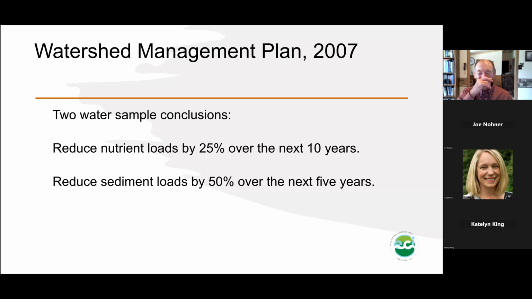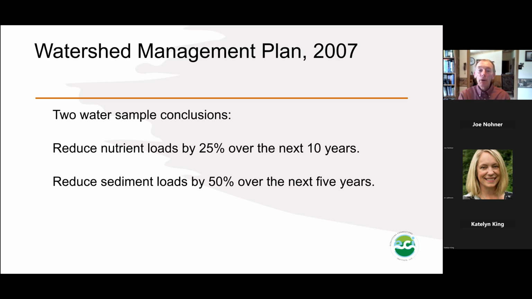I looked at a lot of these designs, and I pulled out one in particular, a watershed management plan from 2007. The conclusions you see here are a result of 2 water samples over 2 years, a high flow and a low flow. I just pulled out some of the recommendations that were made. Reduce the nutrient loads by 25% over the next 10 years. Reduce sediment loads by 50% over the next 5 years. Well, how do you do that?